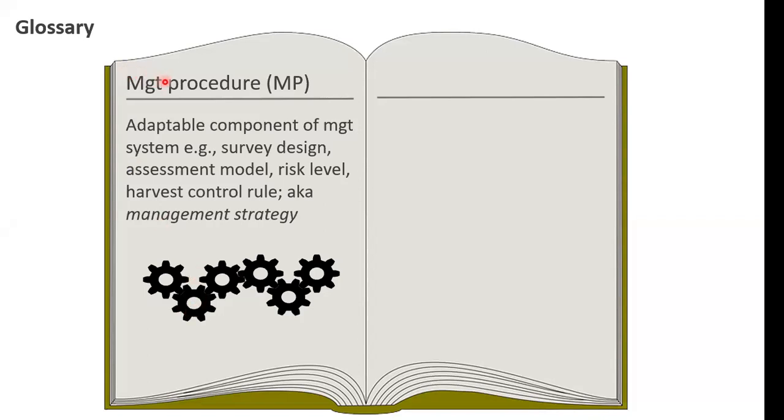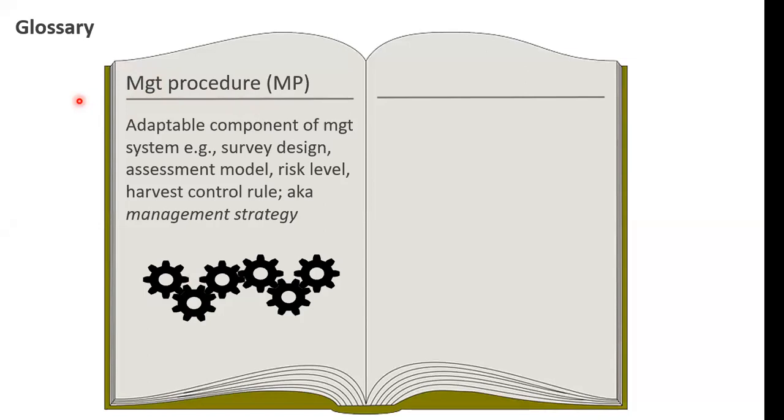The first term that I'll use is management procedure, which I'll abbreviate MP. And I'm defining this as an adaptable component of a management system. It could be anything like the way that we design our surveys or the type of stock assessment model that we use or the level of risk that we think is appropriate when defining a catch quota.